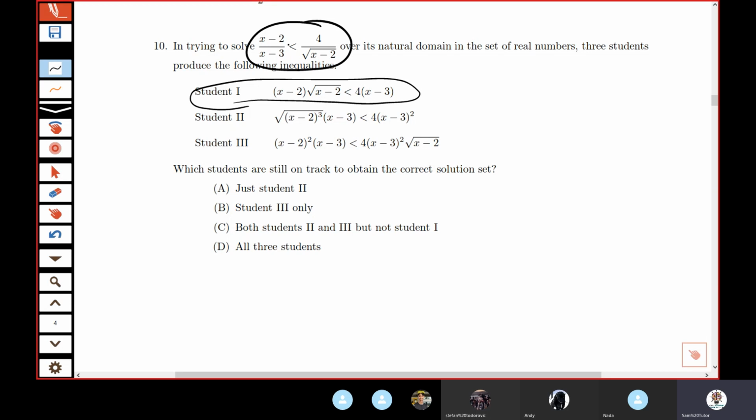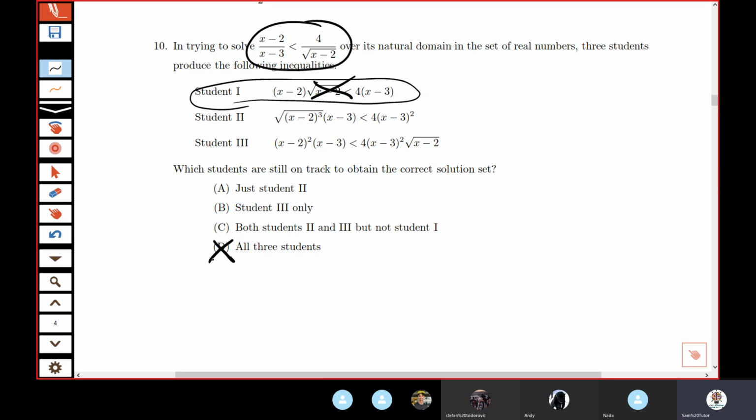Because when you're cross multiplying, it's usually been for equal signs, where you could say the right equals the left or the left equals the right. You can't necessarily say this side is less than this side. So that one's definitely wrong. So student I is definitely wrong, so we know the answer is definitely not D.